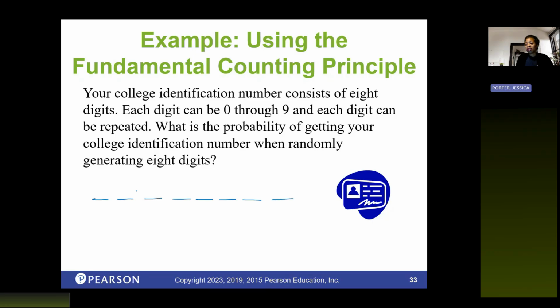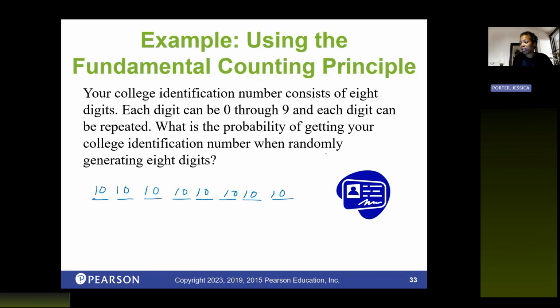So what is each of these lines going to represent? If each digit can be 0 through 9, and each digit can be repeated, what will I put on each of those lines? Right, 10. So basically 10 to the 8th.